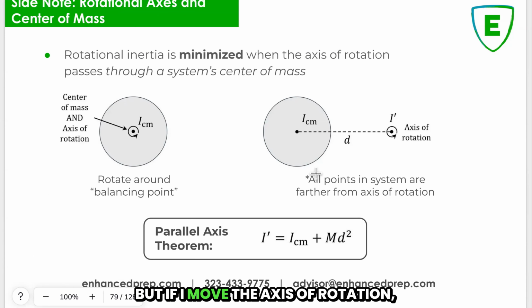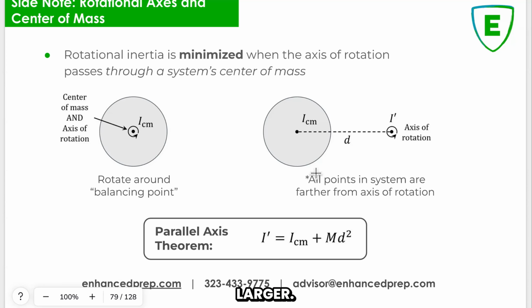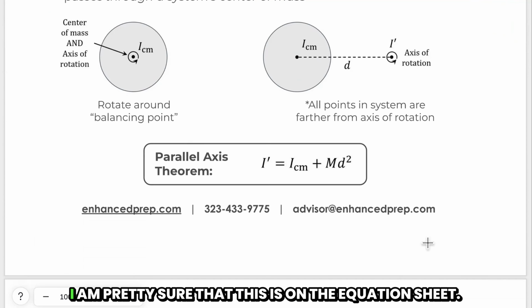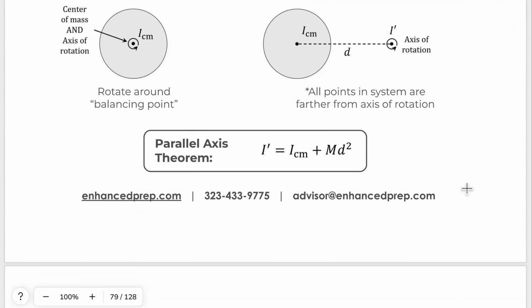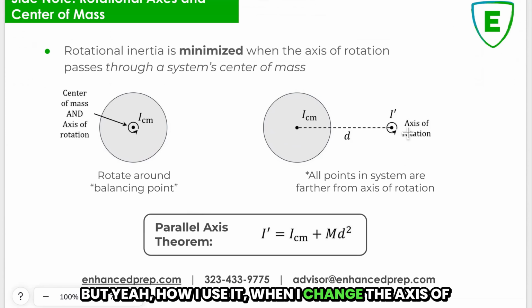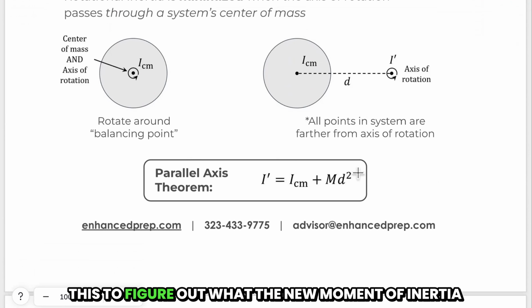But if I move the axis of rotation, then I get a rotational inertia that's going to be larger, and I can relate it to that using the parallel axis theorem. I am pretty sure that this is on the equation sheet. Okay. But yeah, how I use it, when I change the axis of rotation away from the center of mass, I can use this to figure out what the new moment of inertia is.